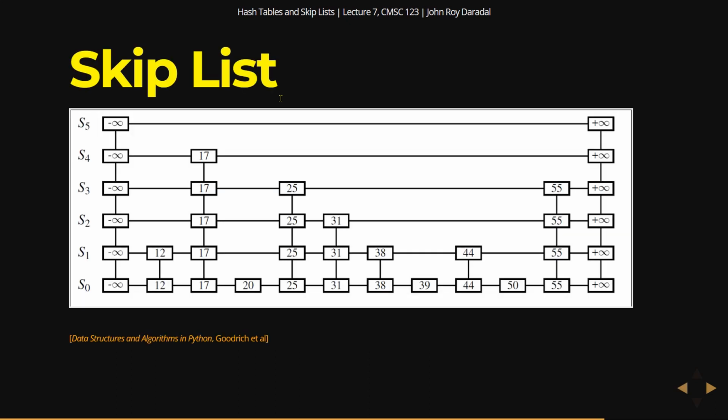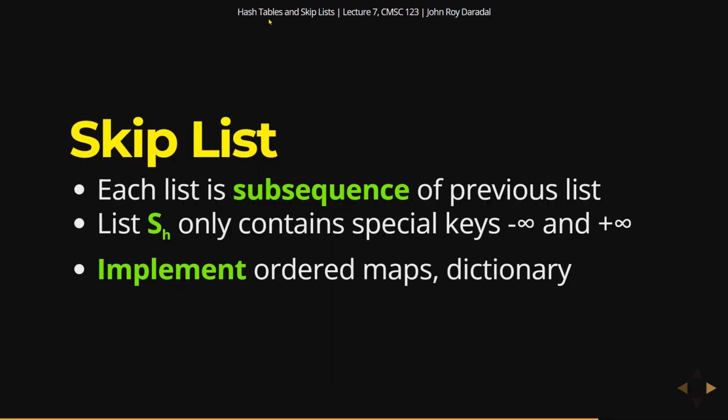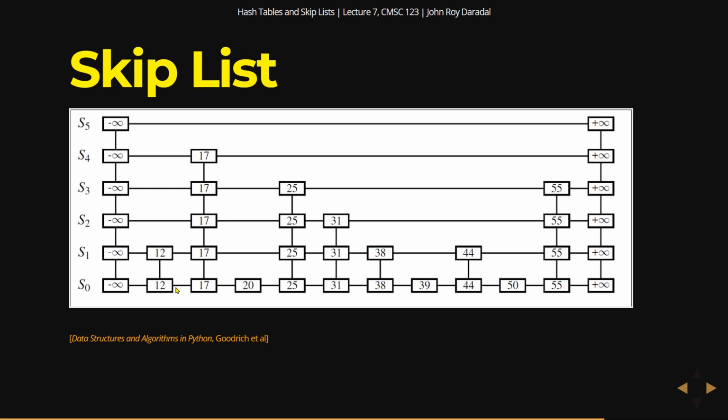Earlier we said that each list is a subsequence of the previous list. So for example, here, this is the whole set of keys, right? And then here, it's only a subsequence of the previous list: 12, 17, 25, 31, 38, 44, 55. So some items are already not included. And then S2 is a subsequence of S1.